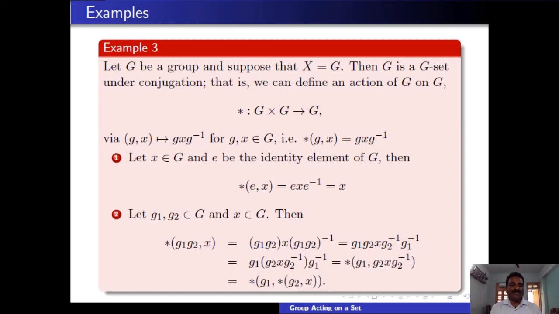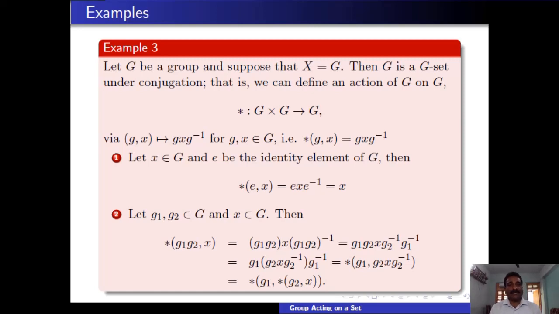So it looks like g1 h g1 inverse, but by definition that one is same as star of (g1, h). So we can write it as star of (g1, g2 x g2 inverse). But g2 x g2 inverse is same as star of (g2, x). So we can write star of (g1 g2, x) is equal to star of (g1, star of (g2, x)). So this action we call as G acts on itself via conjugation.